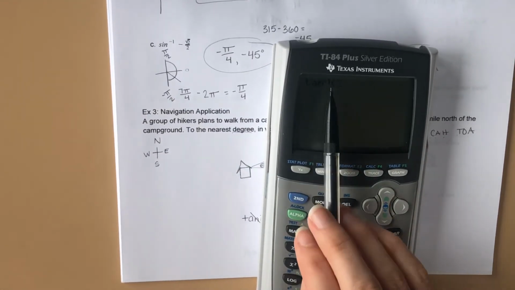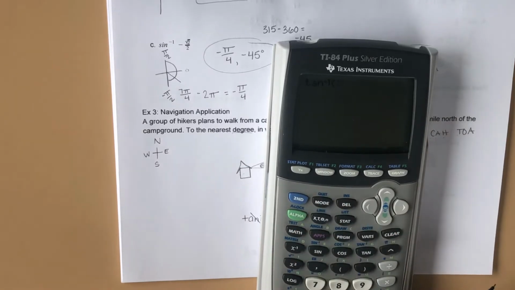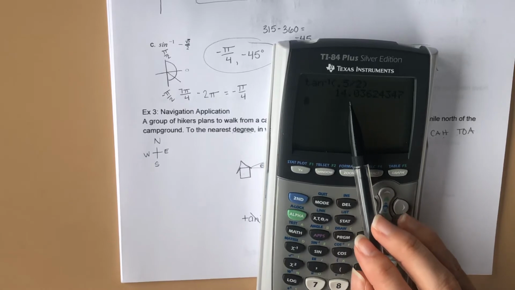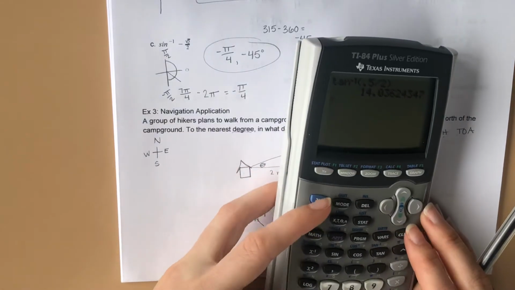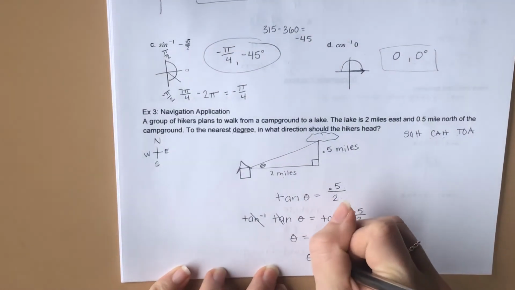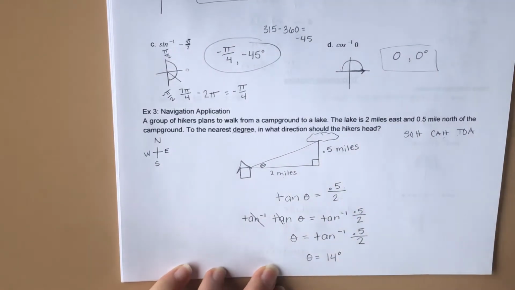Now you should have tangent inverse pop up. We have 0.5 divided by 2. Then press enter. So if we're rounding, this is about 14 degrees. So I have theta equaling 14 degrees.